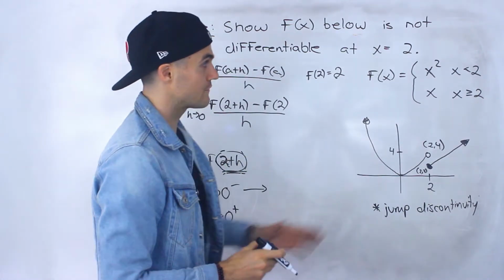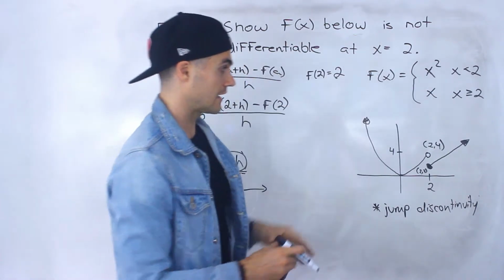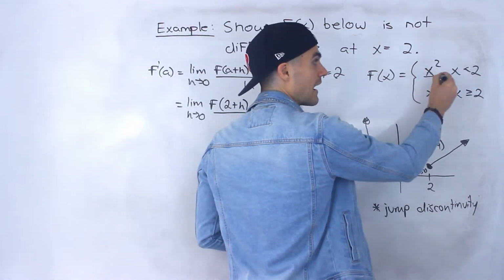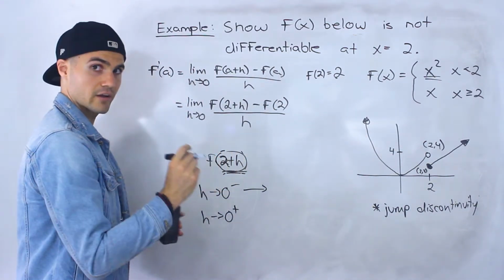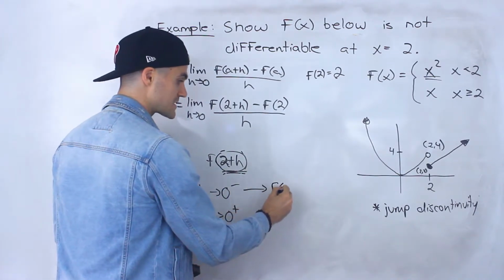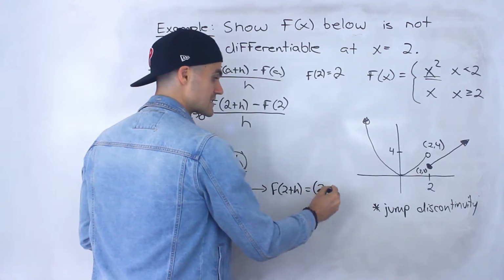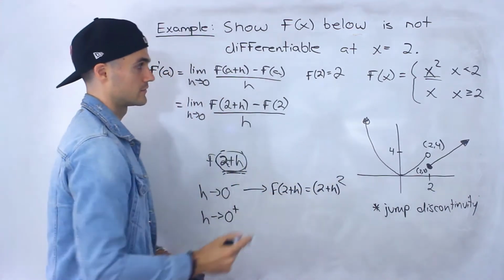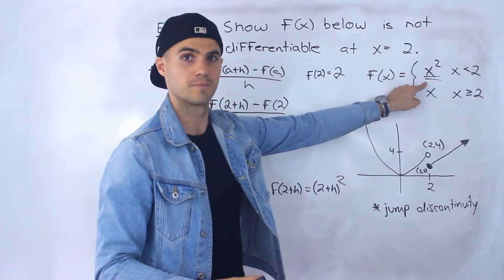And whenever we have x values less than 2 for this function here, it's going to be defined by this function, x squared. Okay, so as h approaches 0 from the negative side, f of 2 plus h is going to equal 2 plus h squared, because we'd be plugging in that 2 plus h for this function here.